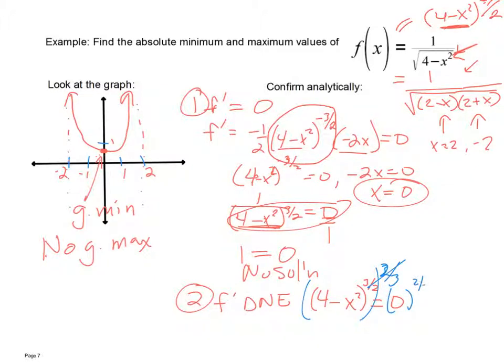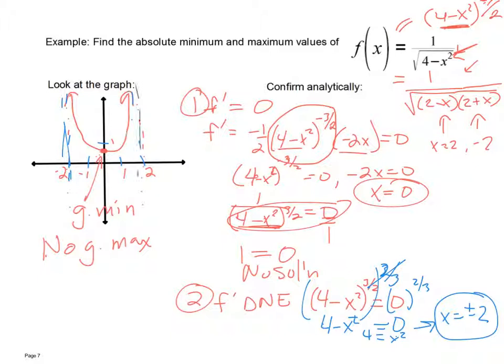Well, if I do 2/3 power over here, I still get 0. I have 4 minus x squared equals 0. So I have 4 equals x squared. So in other words, x equals plus or minus 2, because remember, when you square root, you get 2 possible answers. So that is where f prime does not exist. Well, that's because there is a discontinuity, right? No derivative where there are discontinuities. Okay. So that's kind of the graphical reason.